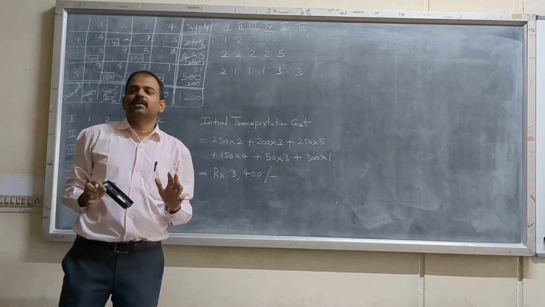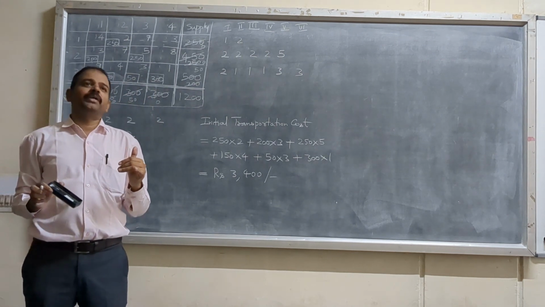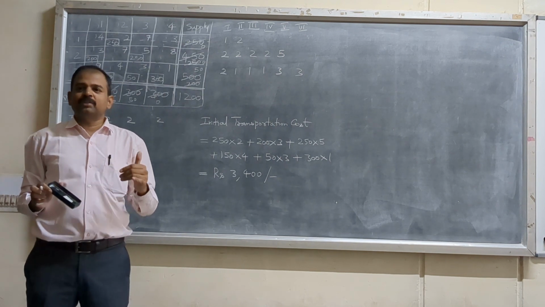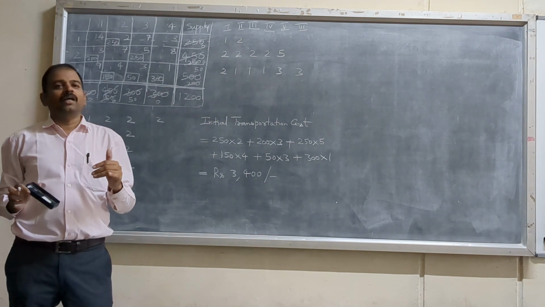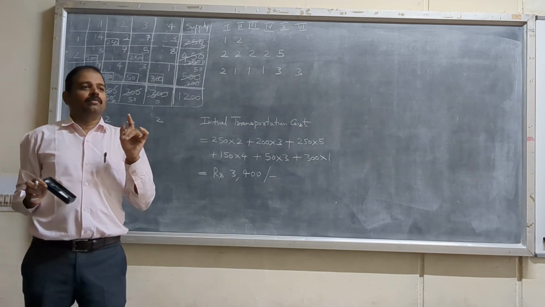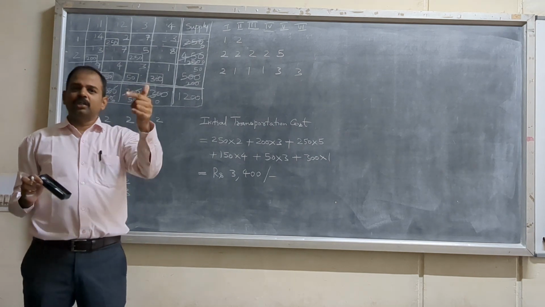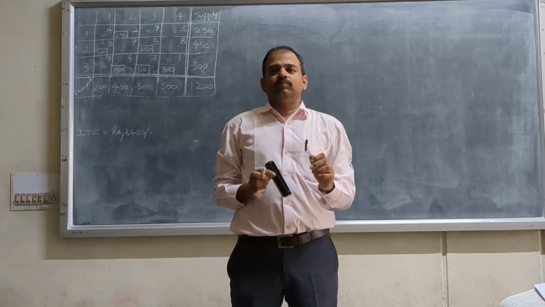Got it? Yes, sir. Did you understand? Yes, sir. Here we have completed about 40% of the actual problem. I'll stop at this place; you can pause it and copy this, then we'll continue with the remaining part of the problem.